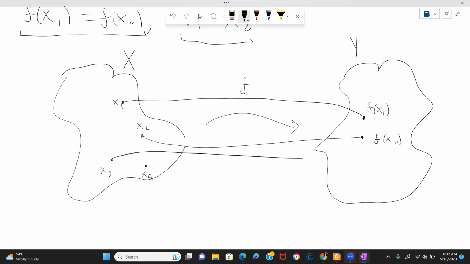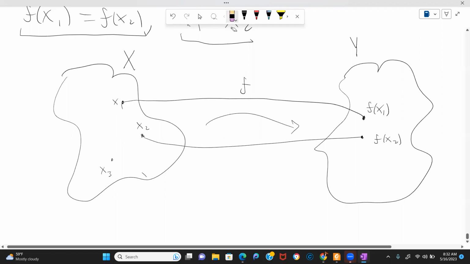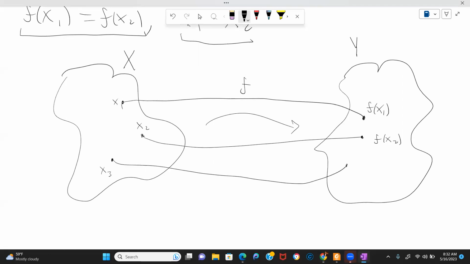Let me get rid of x4. So this would be a visualization of an injective function.